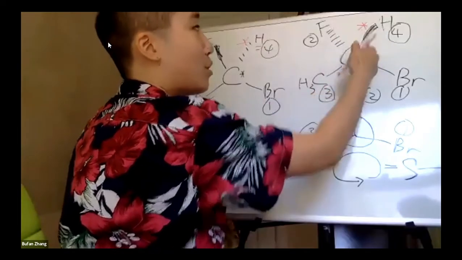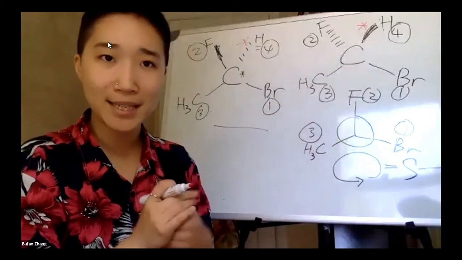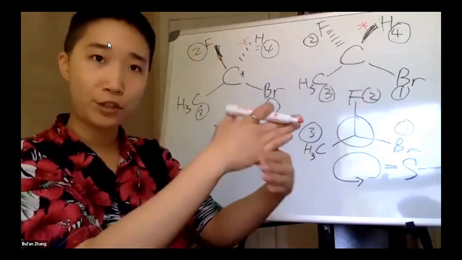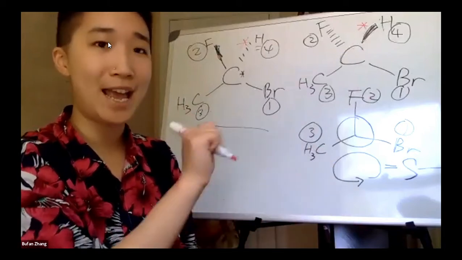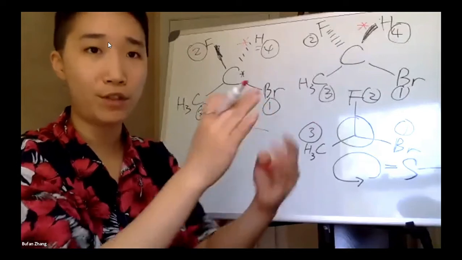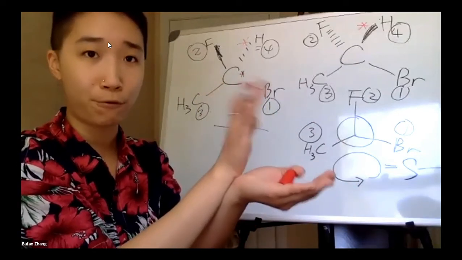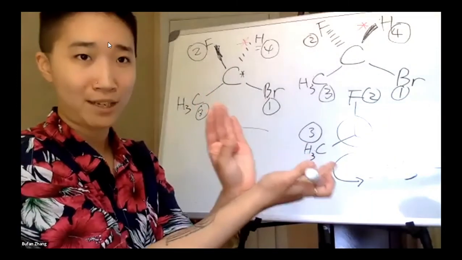We know that this carbon is a tetrahedron, which means that we have 2 of the bonds in the plane of the board and another 2 bonds going in and out. One points directly at us, the other one points directly into the board. So they're 180 degrees apart. In order to move the front one to the back, it would have to be rotated 180 degrees. Make sense? Yeah. Okay, so good.